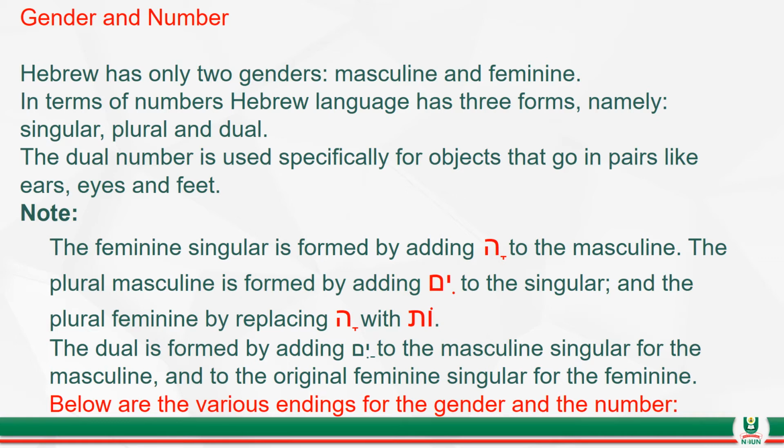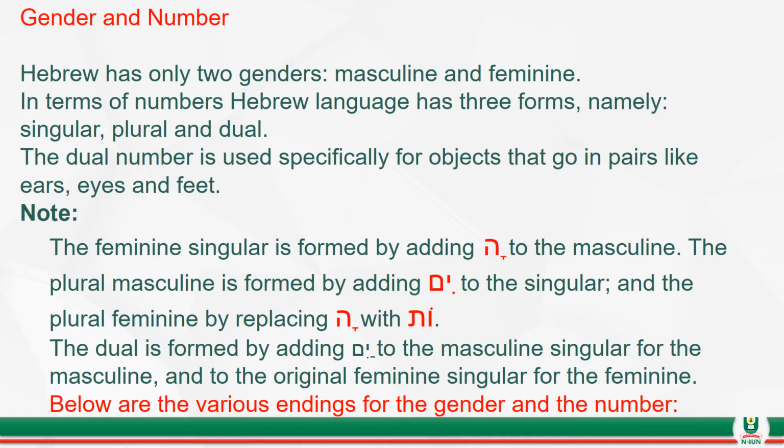The feminine is derived from the masculine by suffixing, or adding to the end of the masculine noun, kamat he. It's better to use the word suffix kamat he for clarity.